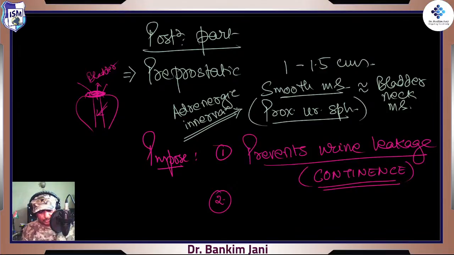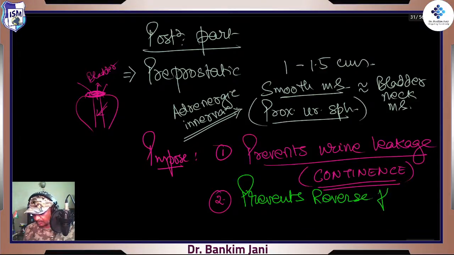So during ejaculation that semen should not be going up into the bladder. So that is the reverse flow of ejaculate that is prevented, right? So this is pretty interesting. It prevents a reverse flow of ejaculate.